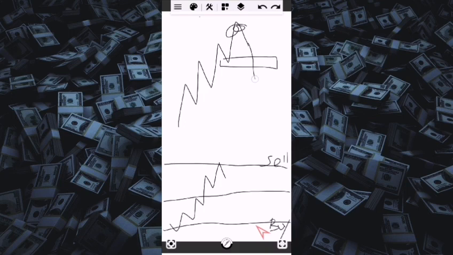Once price closes below this in a full candle, this is where you take the sell trade. First thing, price has to touch the strong sell region right here, and then on the screen price has to close below this key level. Easy as that, you take the trade.